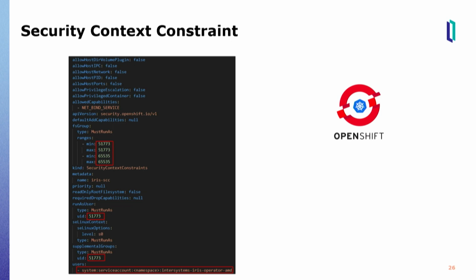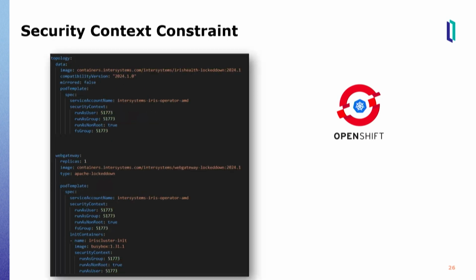But there are some init containers that run as root. And on top of that, we also have to allow the Iris user to run, because in their Kubernetes cluster in OpenShift, they hadn't set up the Iris owner, 51773, to be enabled to create or delete or write to things. So we needed to, first of all, enable that user.